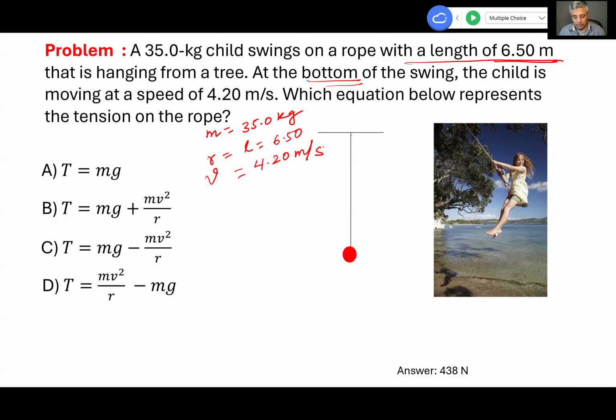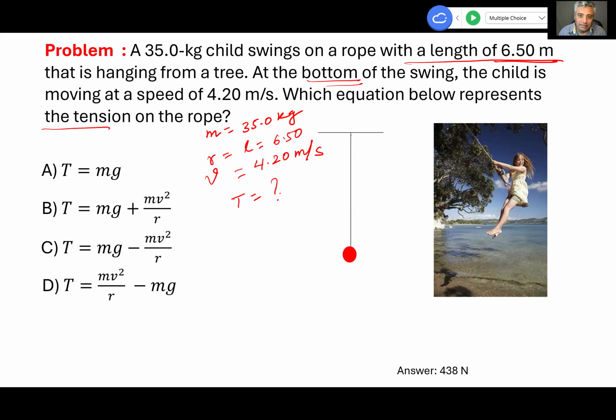So now, once we have this, see, there is mass, speed, and radius, right? Speed and radius, they are related to acceleration. And this question is asking us about the tension. So that means this problem is related to force and acceleration.